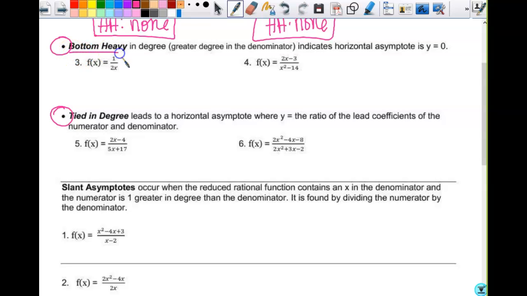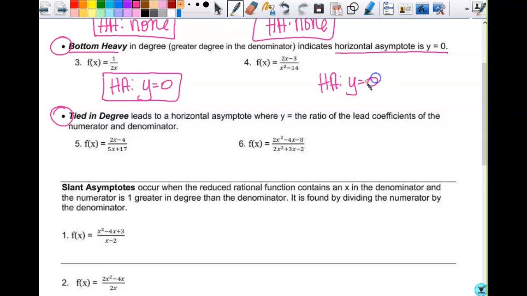So it says bottom-heavy in degree, greater degree in the denominator indicates horizontal asymptote at y equals 0. So if I can identify that it is bottom-heavy, then it is y equals 0. There's no work there either. This one, it's a degree 1 over degree 2, so that makes it bottom-heavy. Horizontal asymptote, y equals 0.